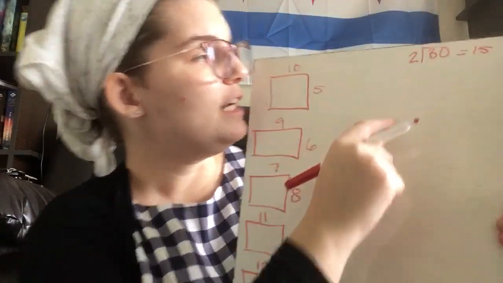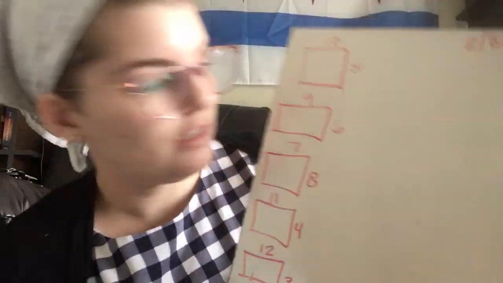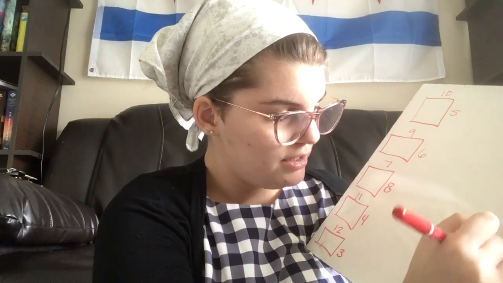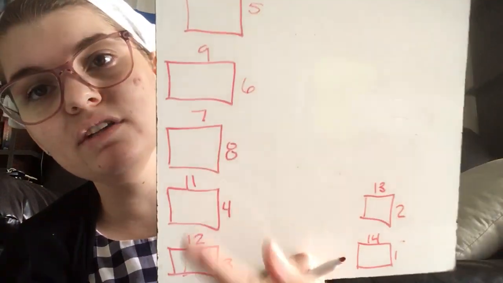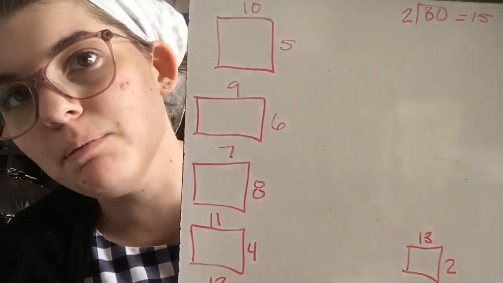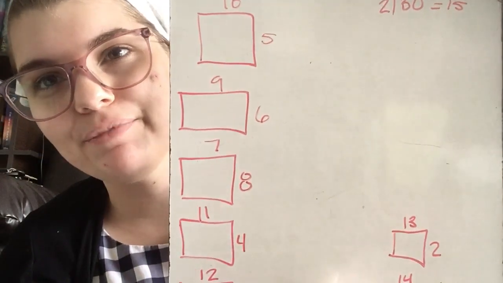But now we know our length and our width of all of these. So I'm going to draw one more over here that has 13 and 2 and then 14 and 1, so that these are all of the options that add up to 15 for our two sides of our perimeter. All right?